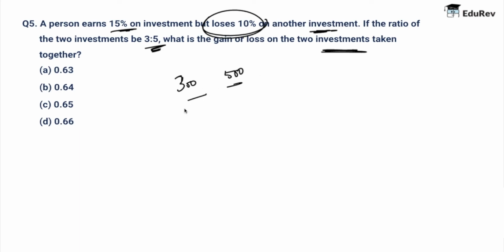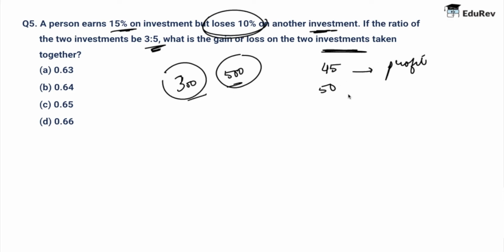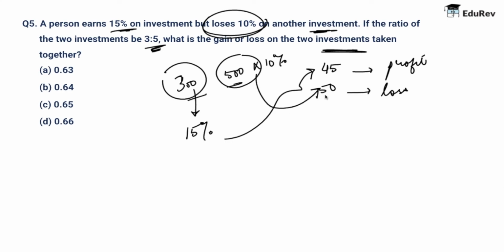Then the profit can be written as 15% of 300. So 15% of 300 is 45. And similarly the loss will be 10% of 500. So 10% of 500 is 50.